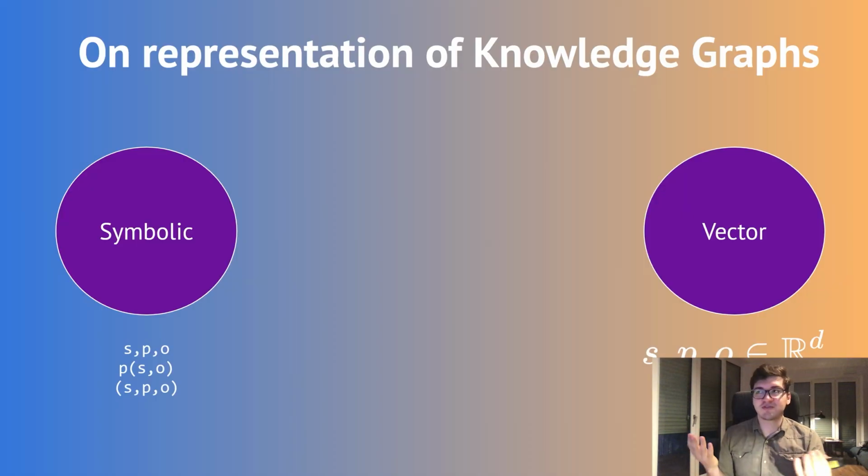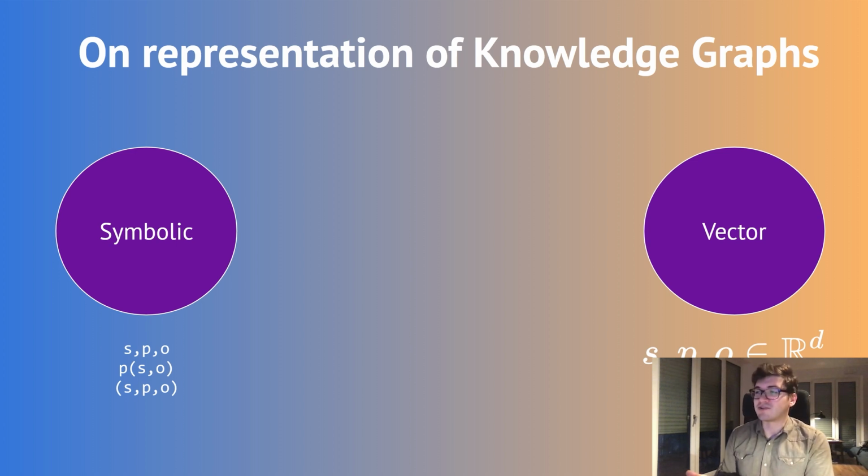So for representing knowledge graphs, there are two big approaches. As in artificial intelligence itself, there are symbolic approaches and there are vector representation approaches. In the symbolic approach, we use symbols. For instance, we encode triples as SPO, or in some functional form, or in tuple form.